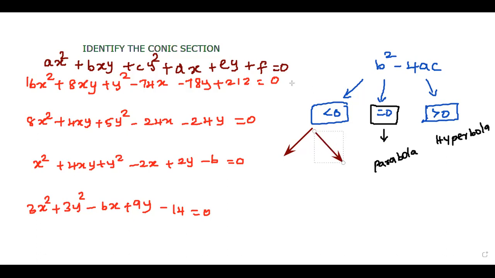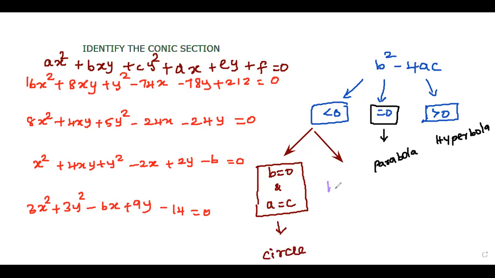You have to check whether b equals 0 and a equals c. If this is true, then you can conclude the given equation as the circle. If b is not equal to 0 and a is not equal to c, then you can conclude such an equation as the ellipse.